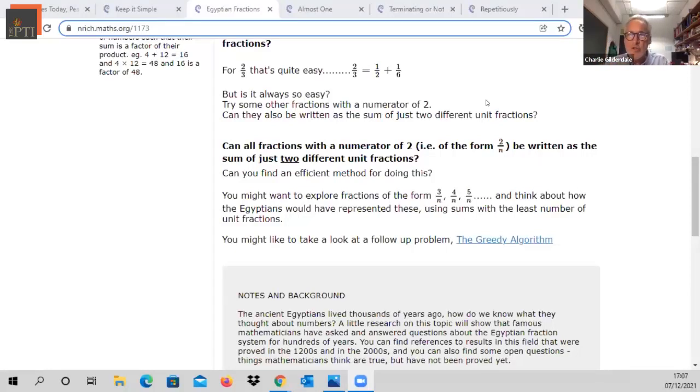Oh, are we going to be able to describe every fraction which starts with a 3 as the numerator as a sum of 2 unit fractions? Ooh, and hopefully some students will be, not everybody will be interested, but in the same way as if I was an English teacher, I might read the first chapter of a book to the class and hope that some of them will want to go on and read the rest of the book.